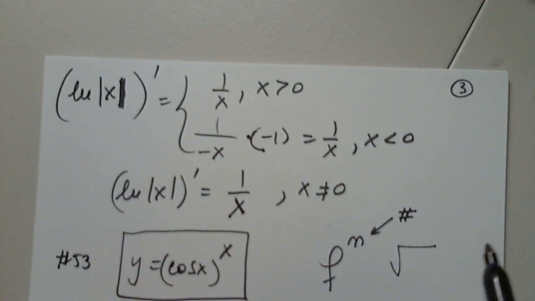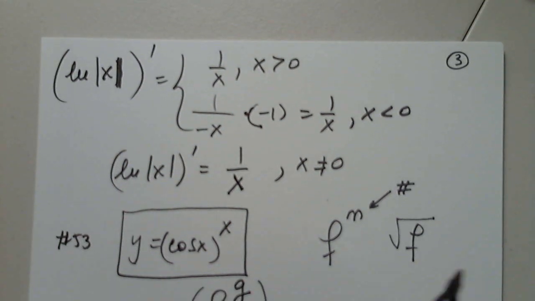We've seen the square root of a function, which is still a number, 1/2. But we have never seen a function raised to another function. This is function f of x. This is function g of x. This is totally new. So the question is, how do I differentiate this?